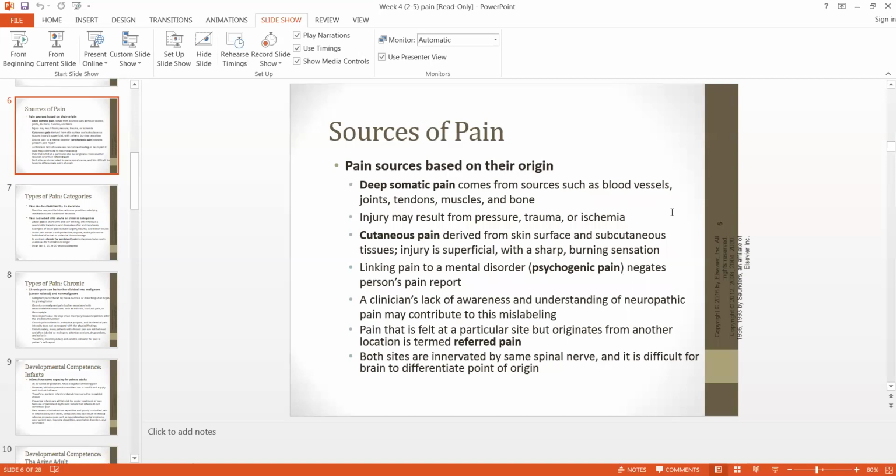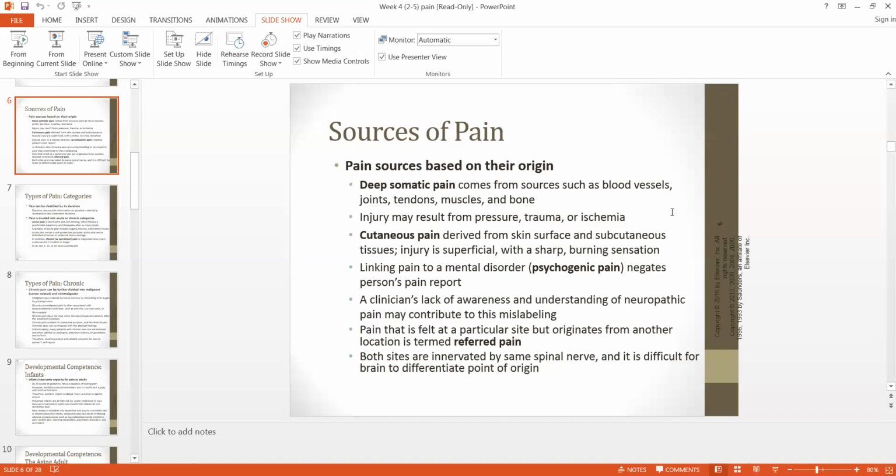So if you have had your foot in the wrong position and you get that pressure off of it and you move that foot, that can be painful. You can have pain from trauma, from a car accident, from falling down a cliff, from a load of bricks falling on you, any kind of trauma that you could think of. And then again, that ischemia that can happen to an organ or to other parts of your body.